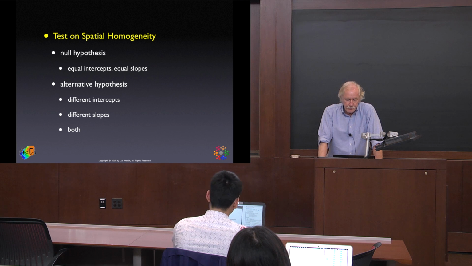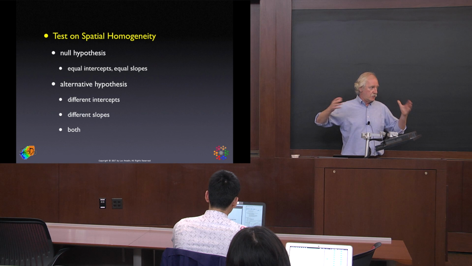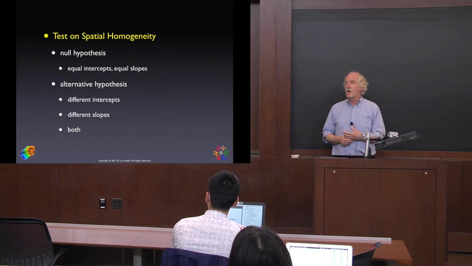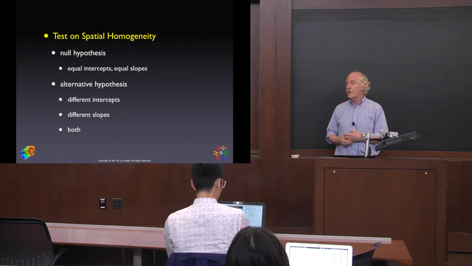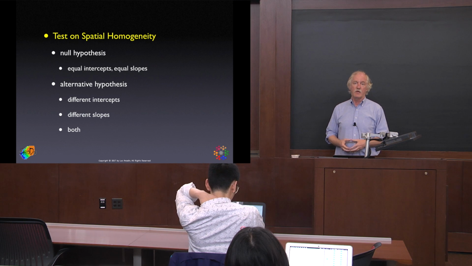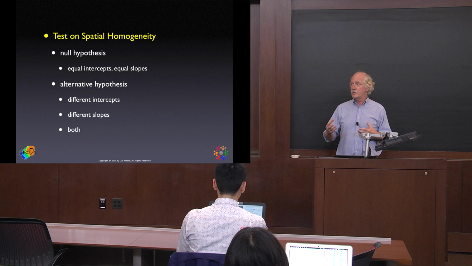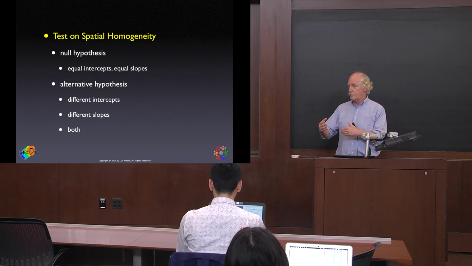Since our gold standard is always to come up with general rules, ideally we would like to find that even if we run these two separate models, there's no reason to, right? So our null hypothesis is that the coefficients are the same in both subsets.